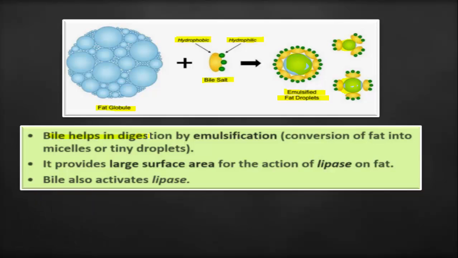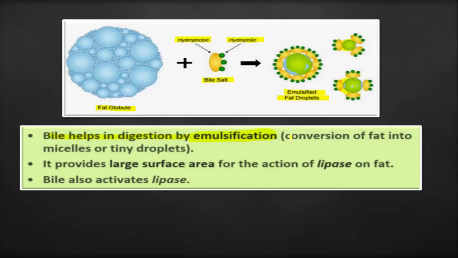Bile helps in the digestion of fat by emulsification. See, bile juice does not contain any enzyme. Any type of enzyme is absent in the bile juice, and bile juice is the one digestive juice which does not have any digestive enzymes, but the salts of the bile juice are essential for the emulsification of the fat, which further results in complete digestion of the fat molecule.